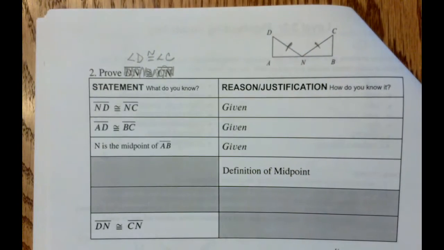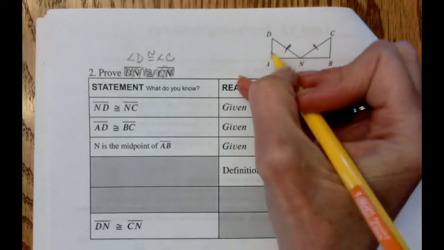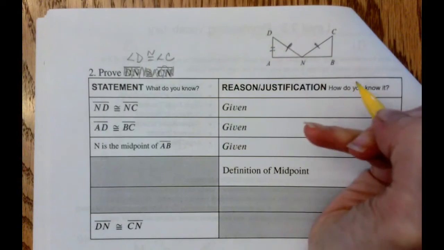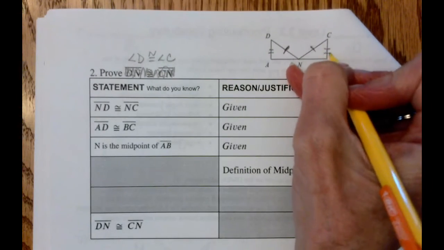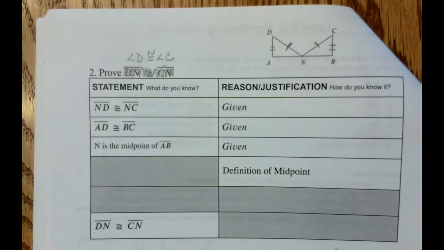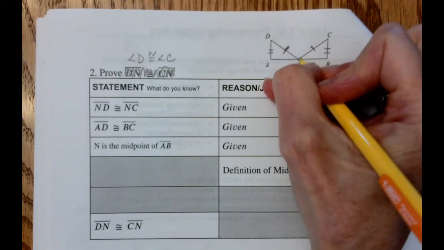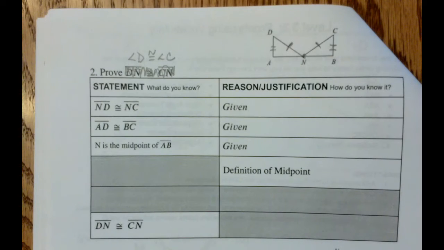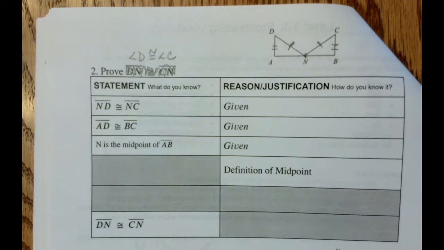So we're going to mark that up. We also have that AD is congruent to BC. And then we have a third piece of information here, which is that N is the midpoint of segment AB.